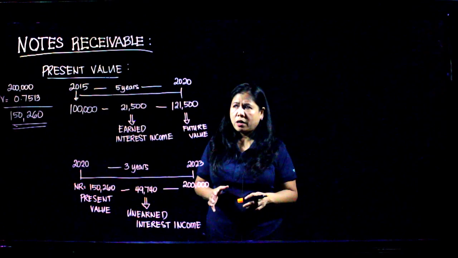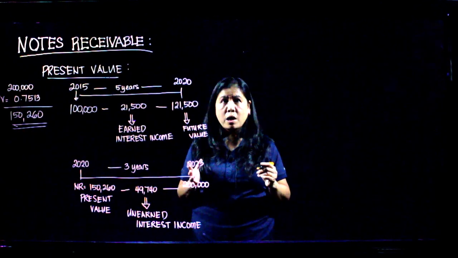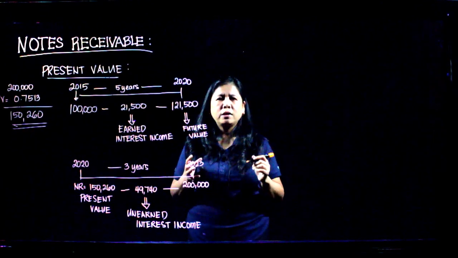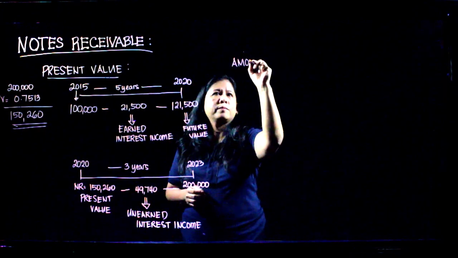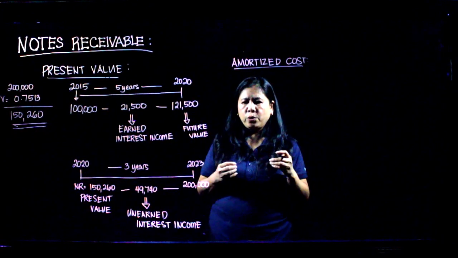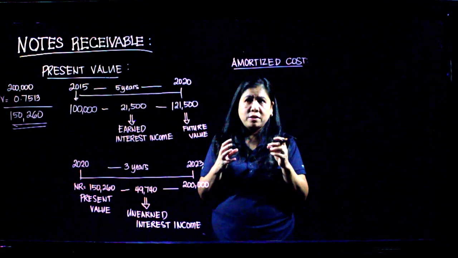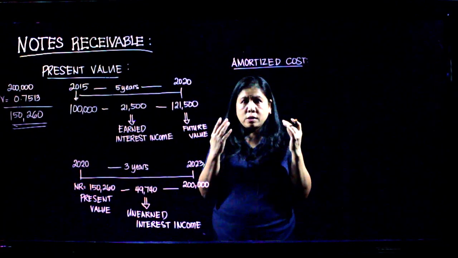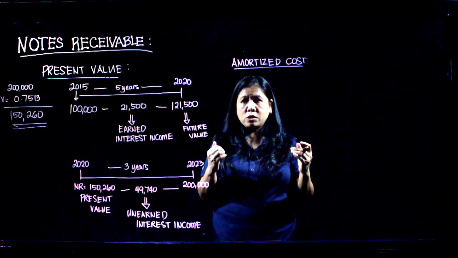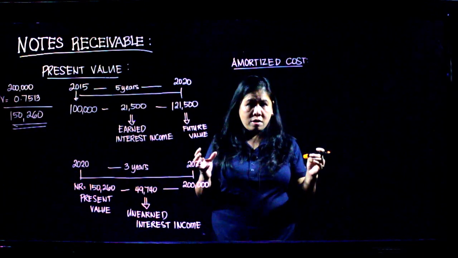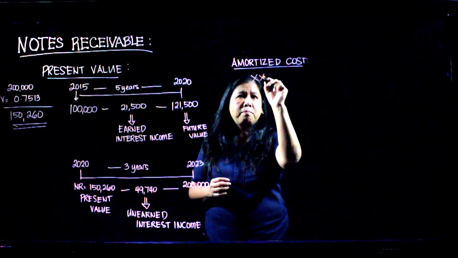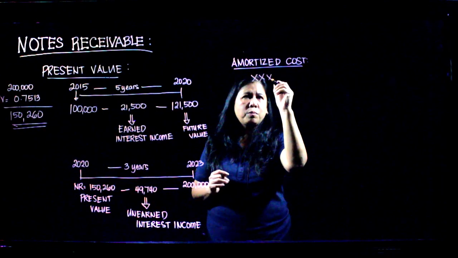There's another thing that I want you to learn. Let's talk about amortized cost. What is an amortized cost? When you deduct amortizations on a gross amount, your balance will be amortized cost. So we have our gross balance, or gross amount.